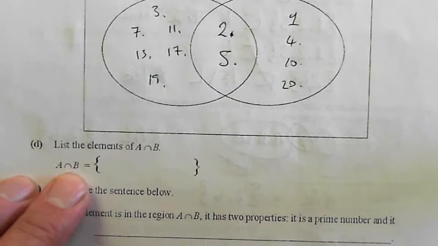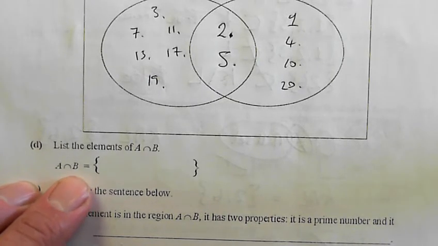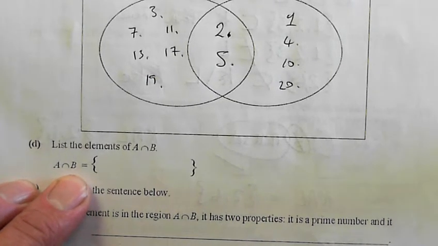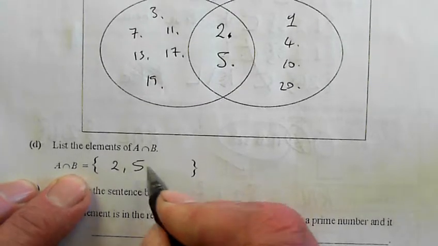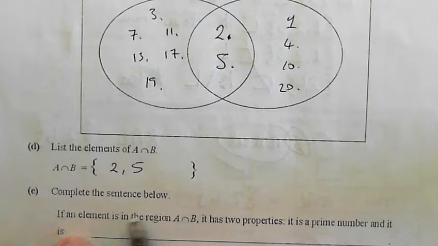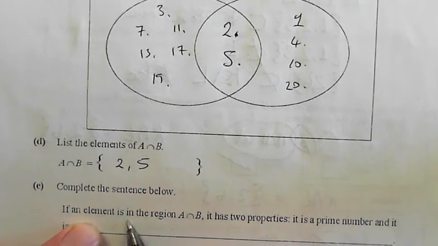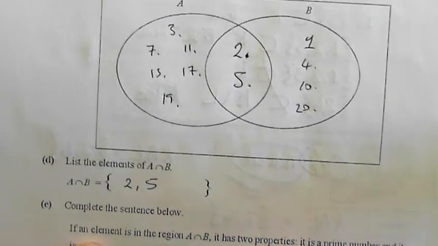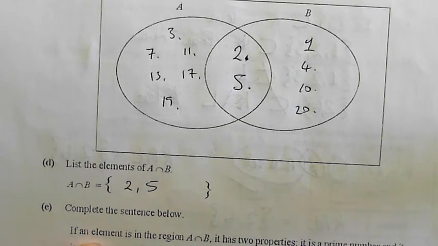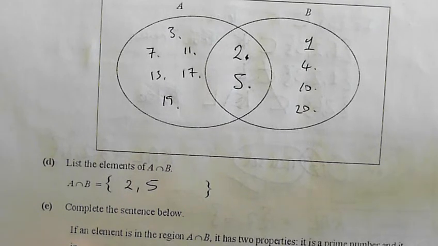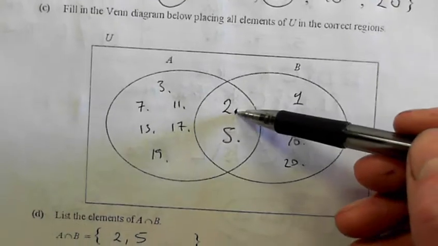Okay, so then this question becomes easy. List the elements of A intersection B, the middle section. Complete the sentence below. If an element is in the region A intersection B, it has 2 properties. It is a prime number and it is, what is it?